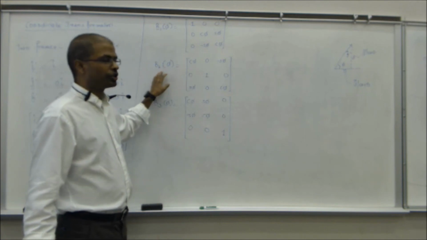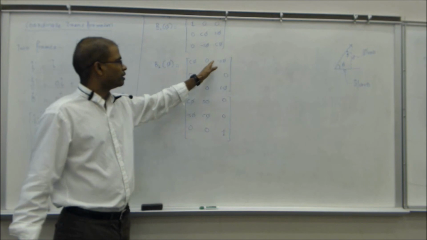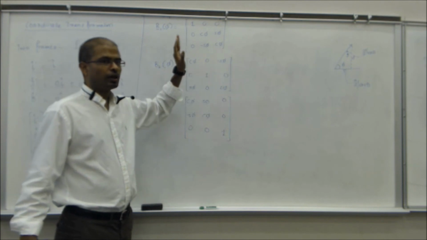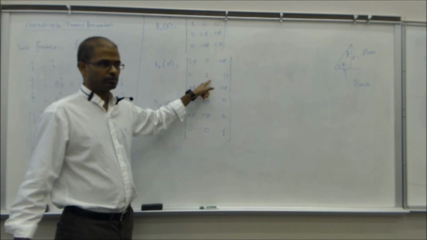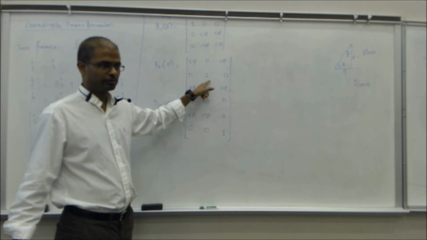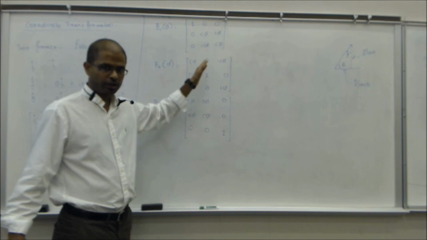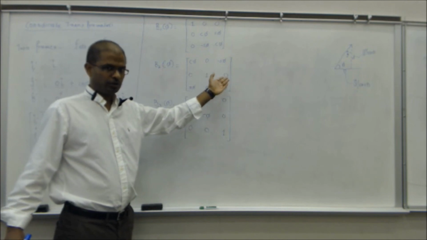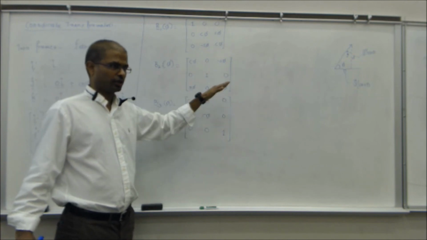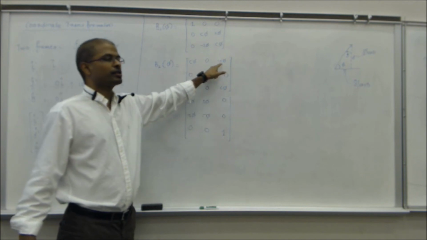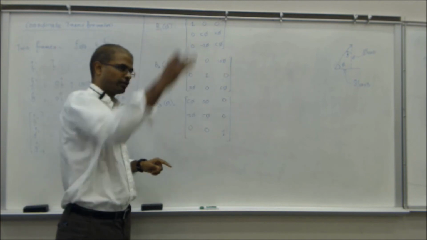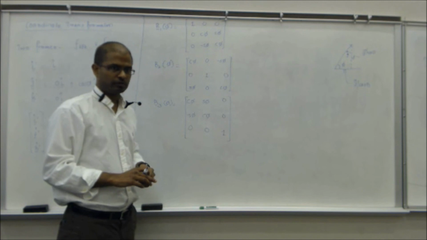For R2, it changes. Okay? So this again still remains the same. You identify the second row and second column. You have 1. The rest of the elements of the second row and second column are 0. You do again cosine, sine, sine, cosine. Here, the right hand side, right top corner is negative.